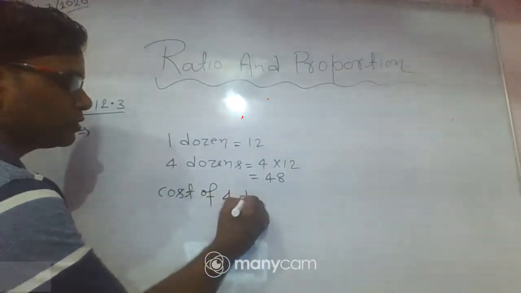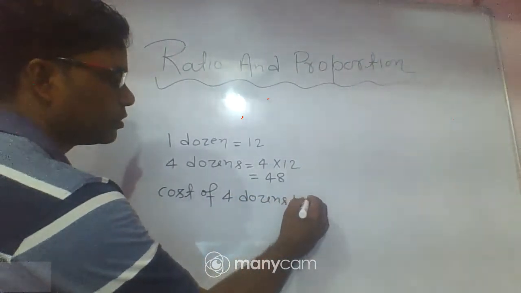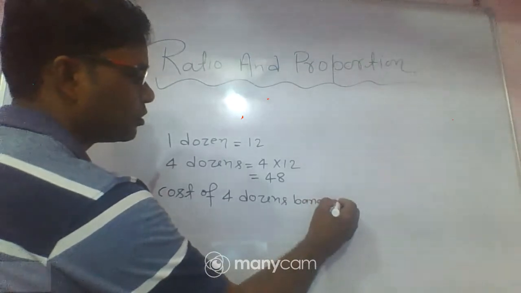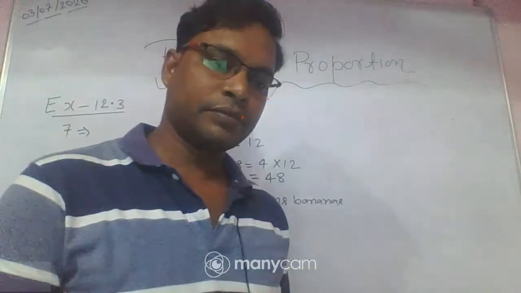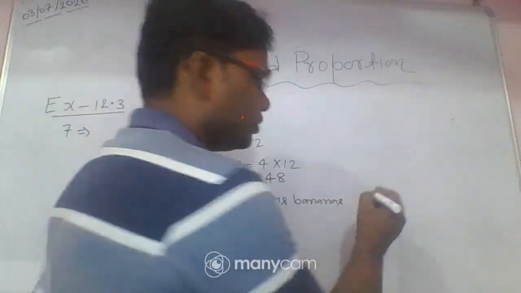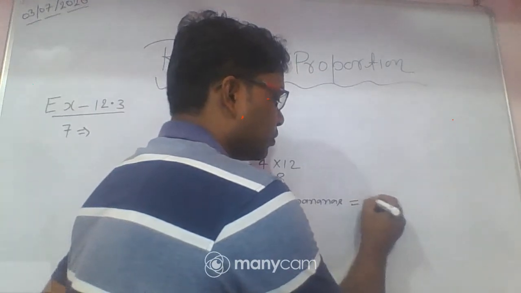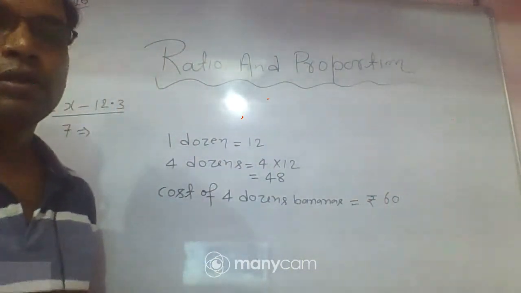Here given cost of 4 dozen bananas is 60 rupees.